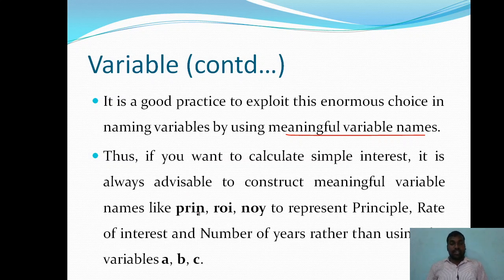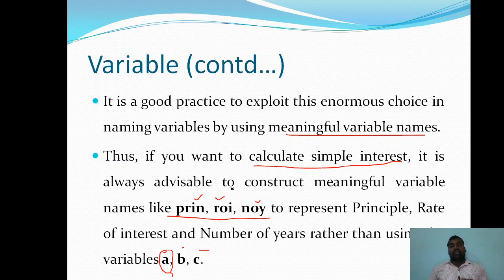For example, here I can write the variable names as principal amount, rate of interest, and number of years like this at least. But you should not write A, B, C, so that if another programmer comes and views your source code about calculating simple interest on some values, it is understandable.